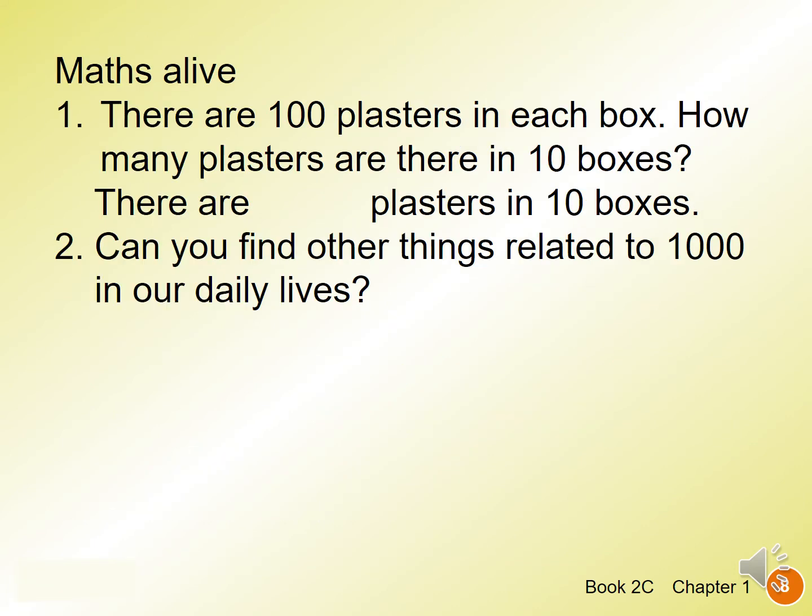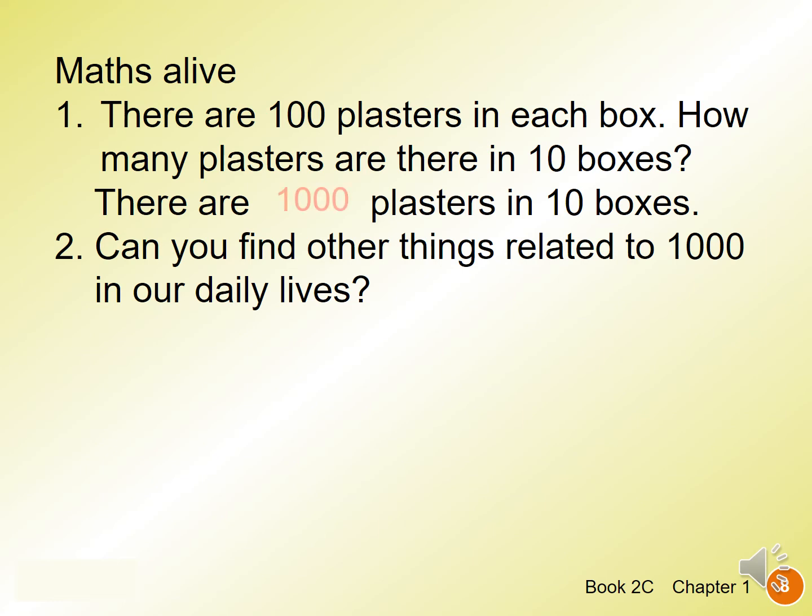Now turn to page 3. For Maths Alive number 1. There are 100 plasters in each box. How many plasters are there in 10 boxes? Plaster is another word for band-aid, which is an adhesive strip of material for covering cuts and wounds. You can think of 10 times 100 as adding 100 to itself 10 times.